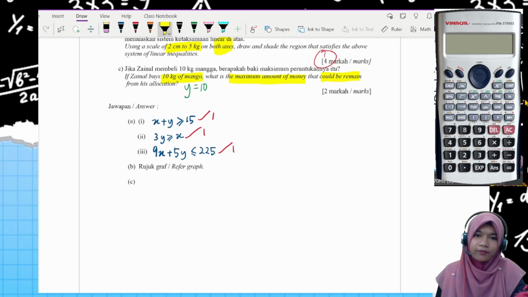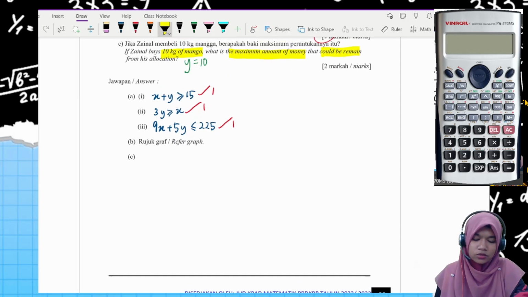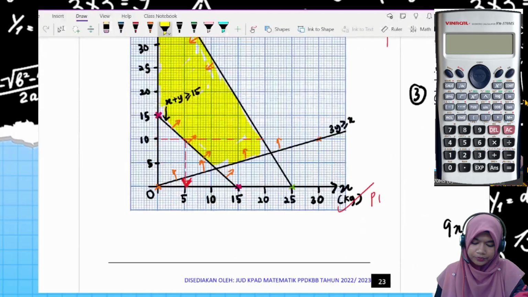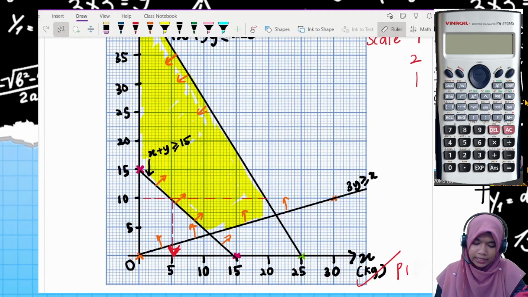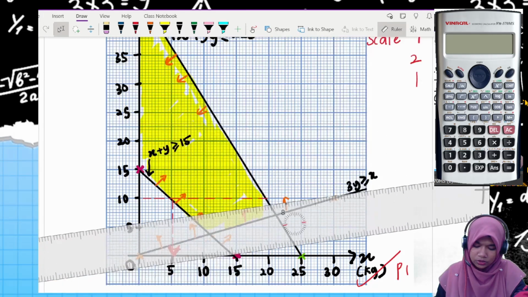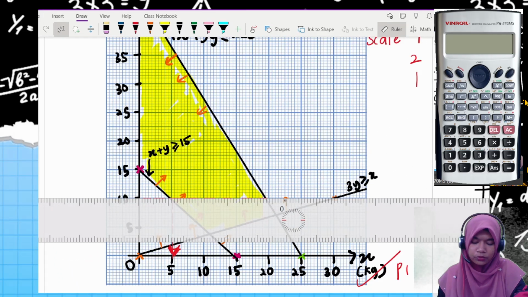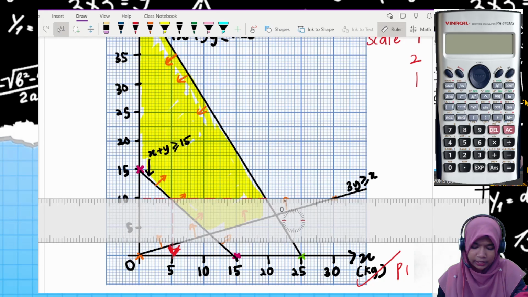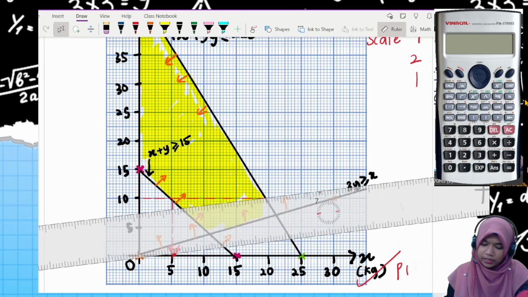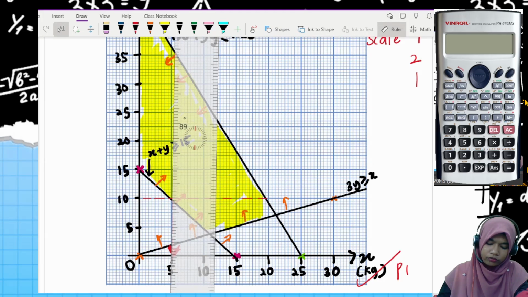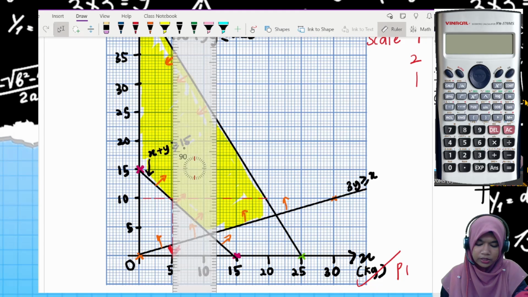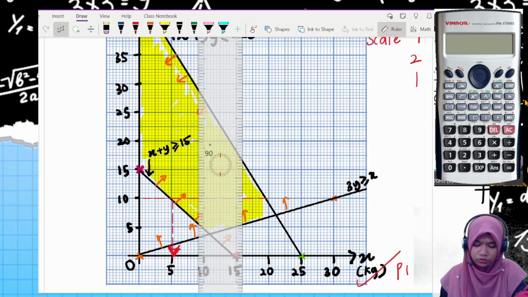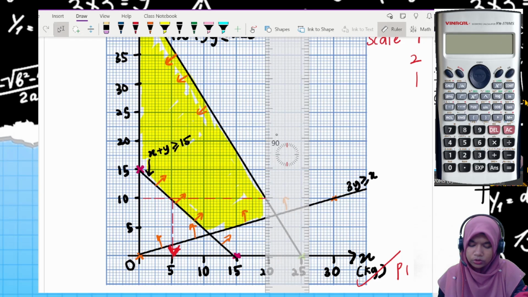So you have to base on the graph to find the value of x when y equals 10. You have two values of x here that satisfy the inequalities, either x equals 5 or x equals 19.